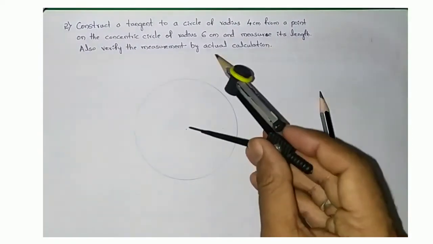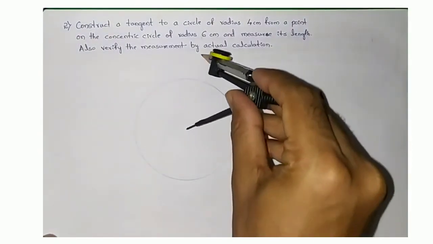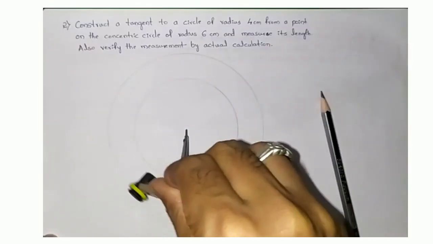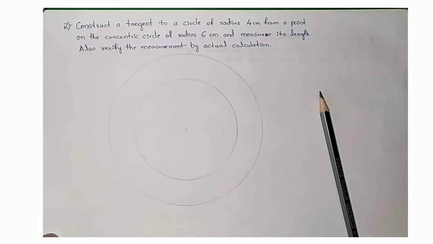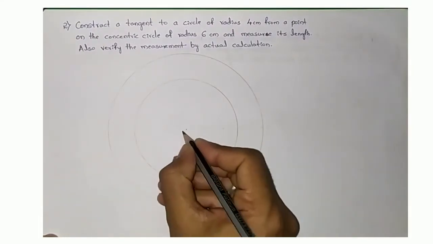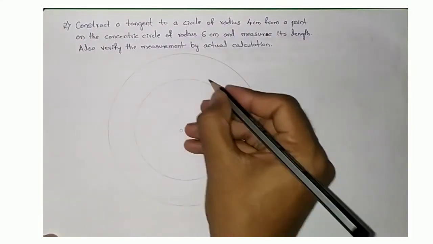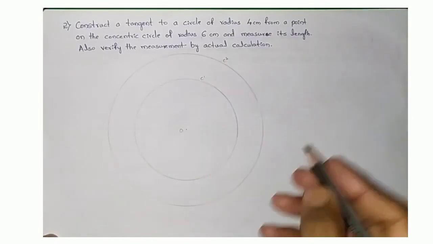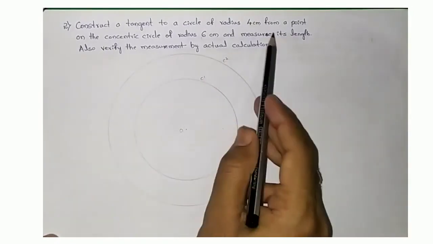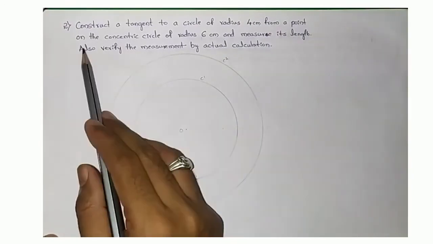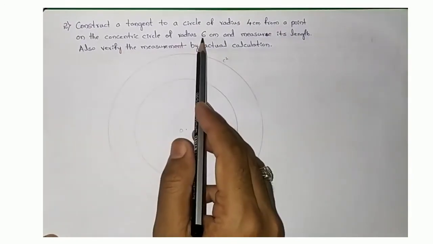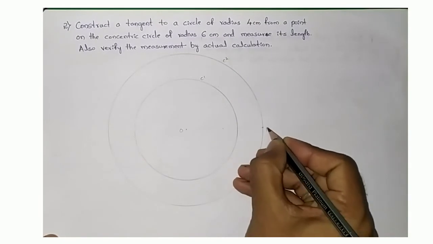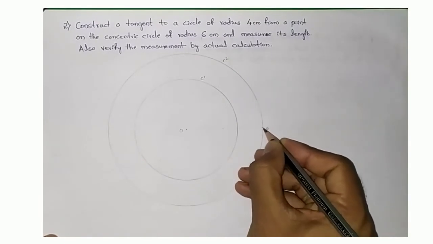So with the same center draw the 6 cm circle. Let's name the center as O, the first circle as C1 and the second circle as C2. Now from a point on the concentric circle of 6 centimeter radius, take any one point, let's name it as P on the second circle.